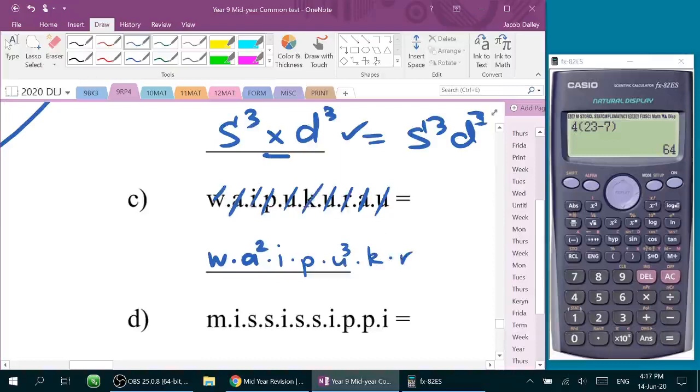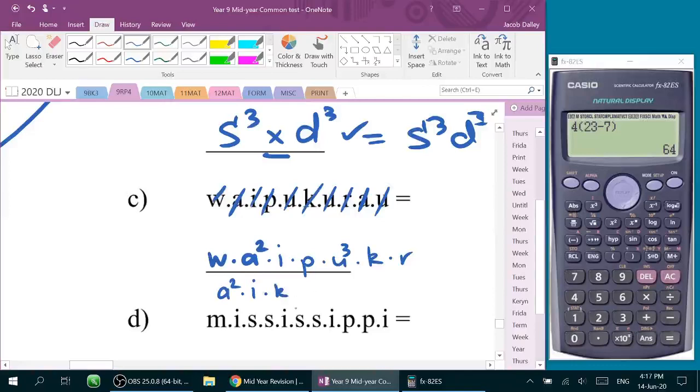So there we have it. It doesn't matter which order you have it. If you want, it is kind of good form to put everything in alphabetical order. So if you were to do that, it would look like this: A squared, I, then what comes next?